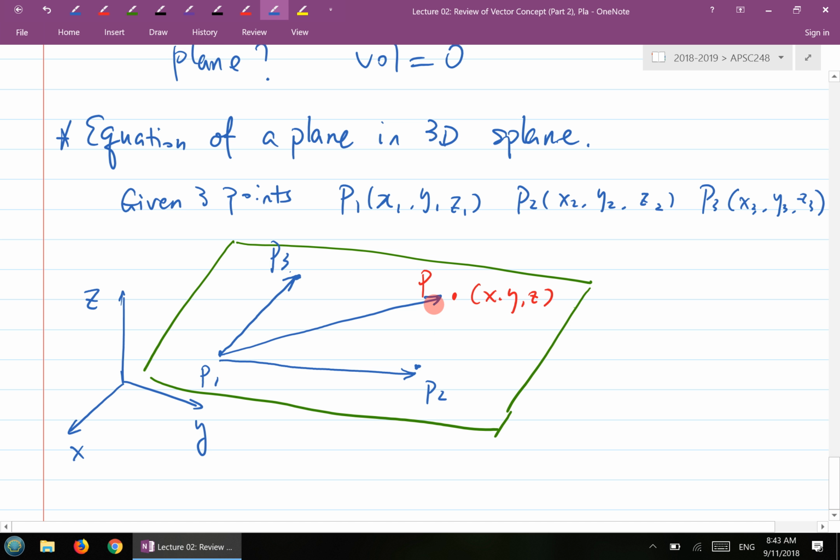So we just formed 3 vectors based on the points P1, P2, P3 and the general point P. 3 vectors we just formed here. This is P1P2. This is P1P3. And this is P1P, right? That's how you form the vectors using the points.